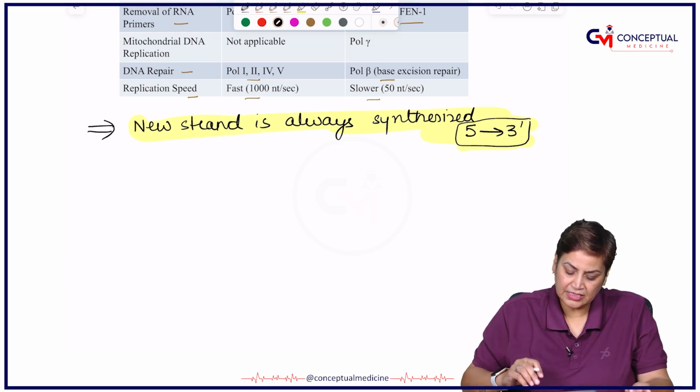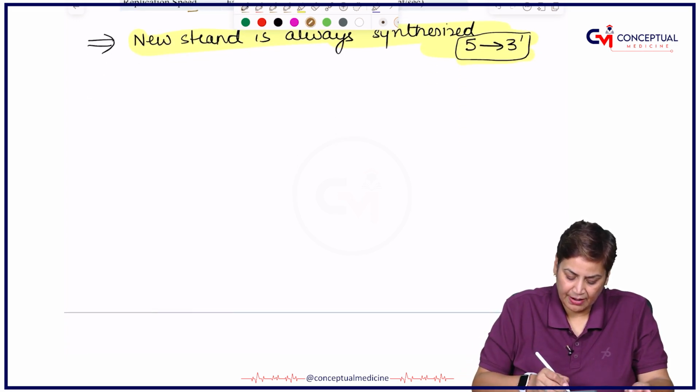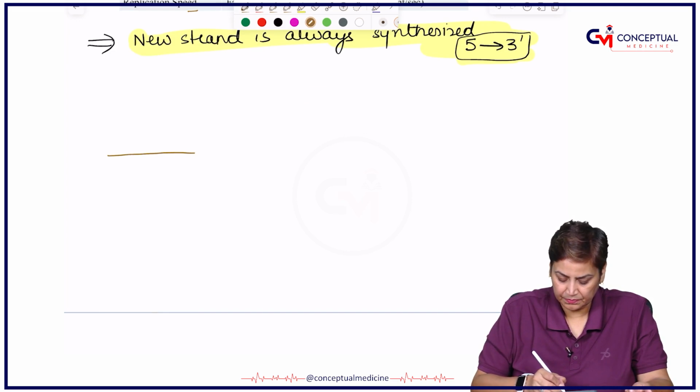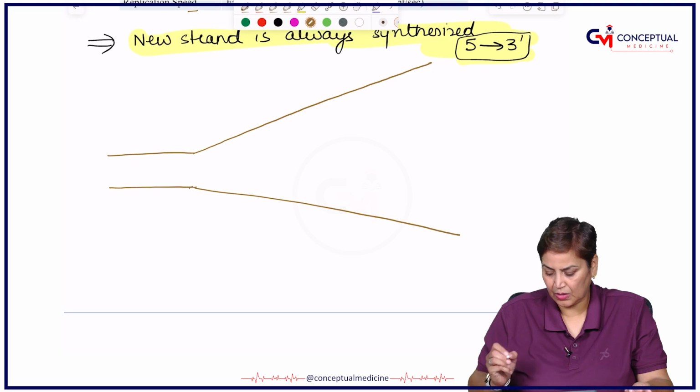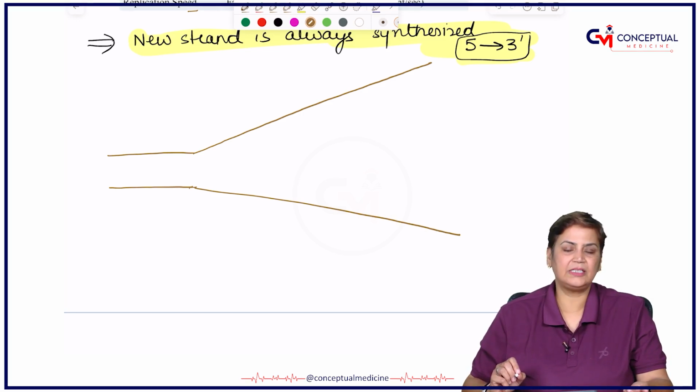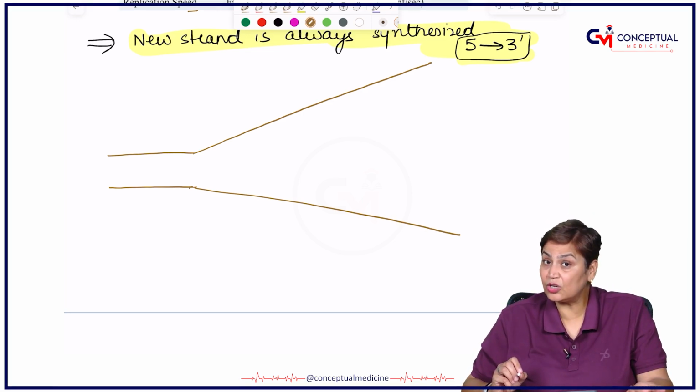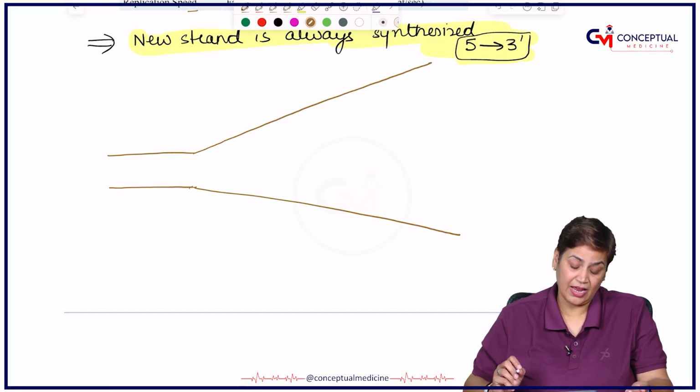Now coming over to this, how this process takes place. And this is a type of replication fork, like this. So what happens is, as we have studied in the structure of DNA also, that DNA is having anti-parallel strands.